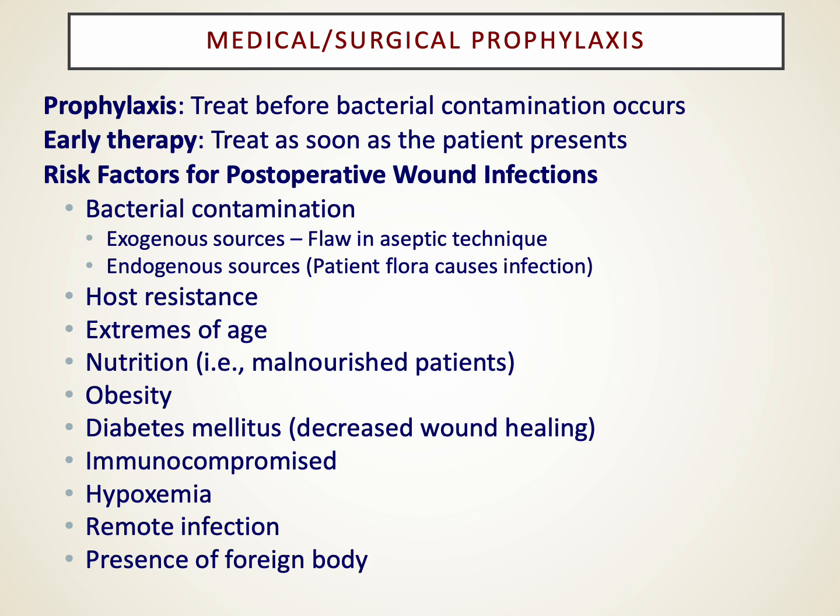We always think about the host resistance: very young, very old, nutritional status, obesity, diabetes, particularly as it relates to wound healing and glycemic control, if they're immunocompromised, if their oxygenation is poor, if they have infection somewhere else, or they have a foreign body. All of those are sort of, hey, these folks are much higher risk for postoperative wound infections.